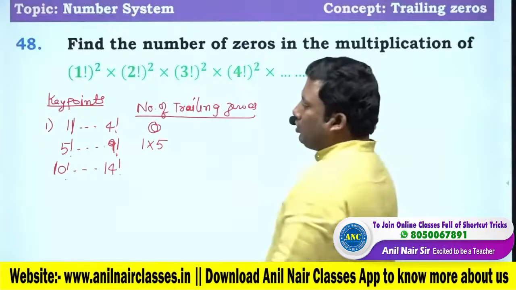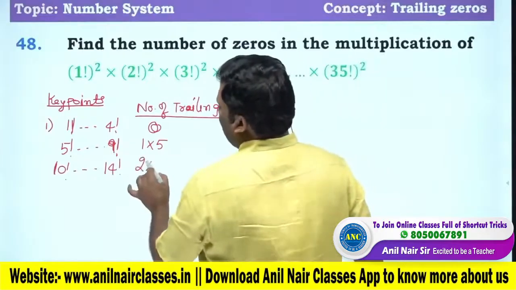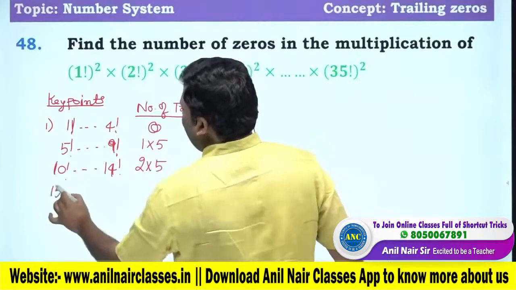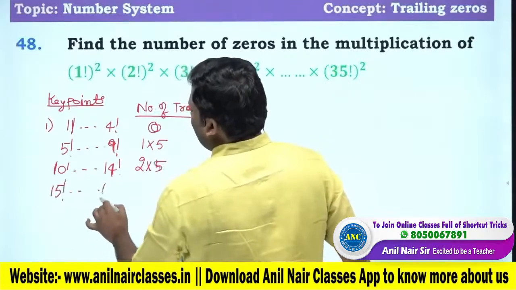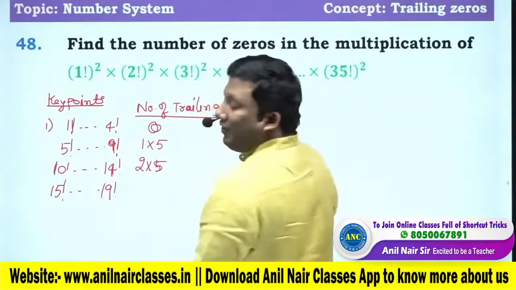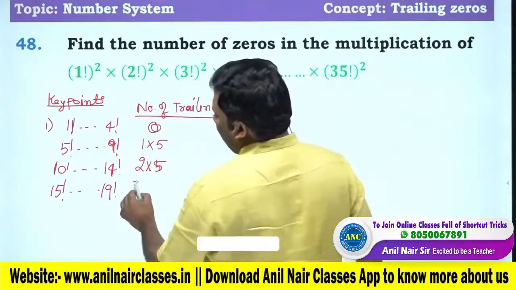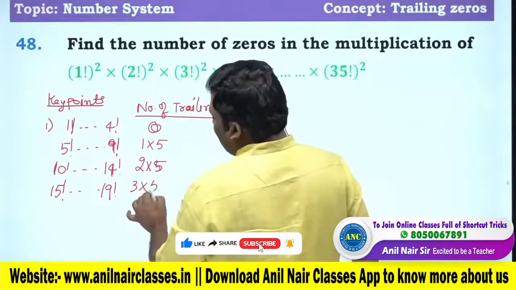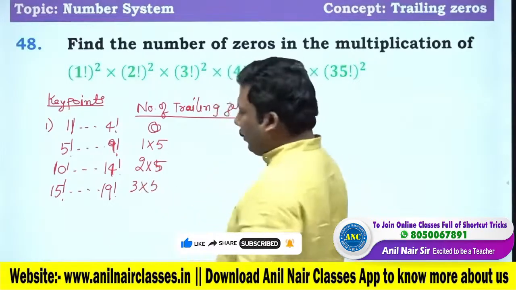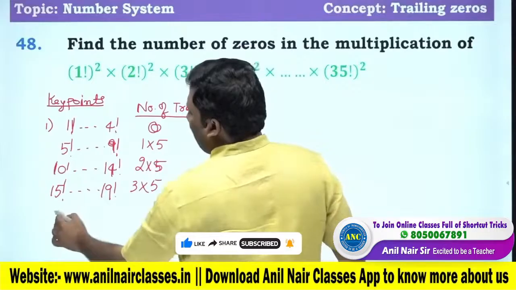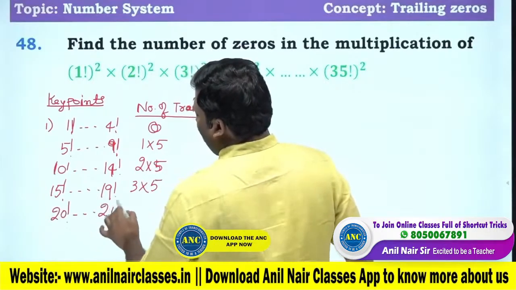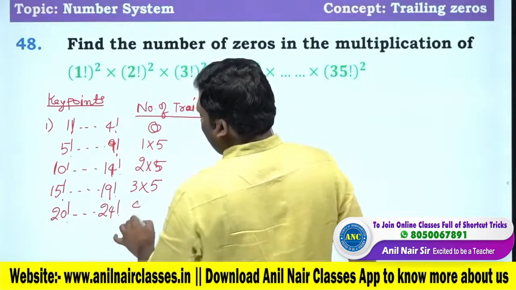For 10, it will be 2, so it is 2 into 5. 15 factorial till 19 factorial: 5 3s are 15, so the number of trailing zeros for every number will be 3. 5 numbers are there, so it is 3 into 5. 20 factorial till 24 factorial is 4 into 5.